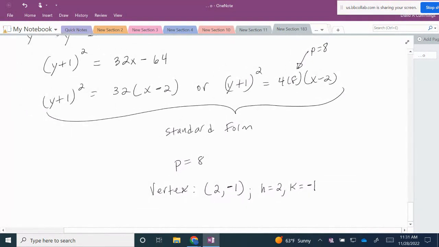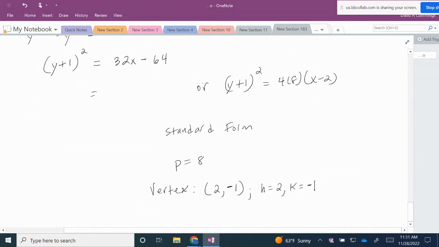Right, so now here's something I want to point out. I'm going to concentrate on this. All right, so this is standard form. I just want to show what's going to happen with the vertex. The signs will change once you take the vertex out of your equation. Let me show you why really quick.